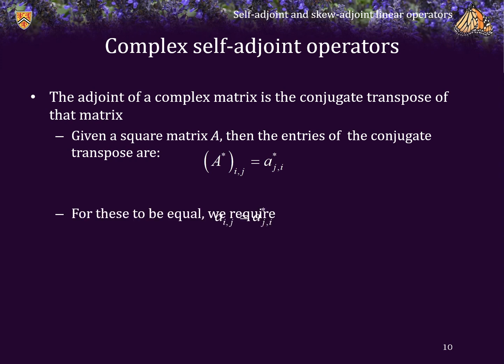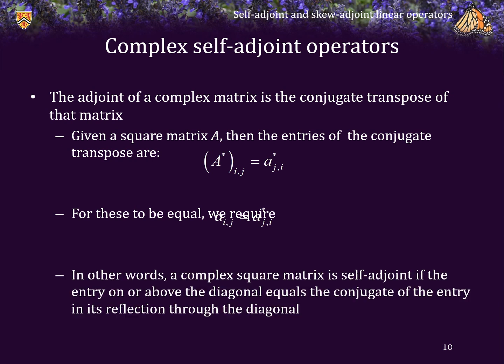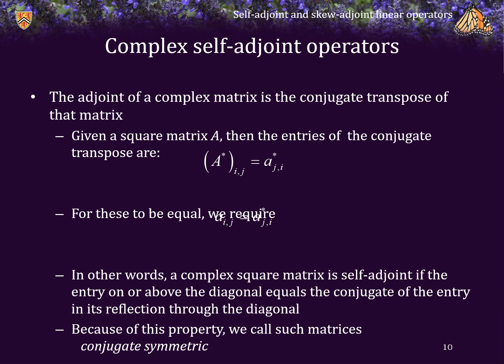For these two to be equal, we require that the ijth entry is equal to the conjugate of the jith entry. In other words, a complex square matrix is self-adjoint if the entries on or above the diagonal equal the conjugate of the entries in its reflection through the diagonal. Because of this property, we call such matrices conjugate symmetric.